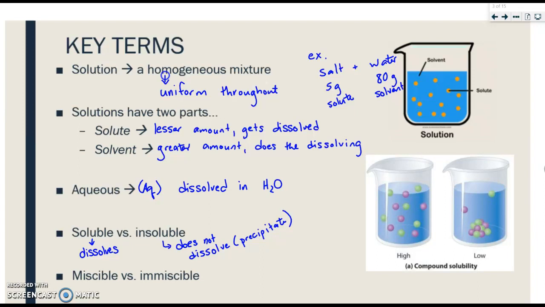A couple more terms: we have miscible and immiscible. Miscible is something that can combine in any amount or any proportion, whereas immiscible does not.